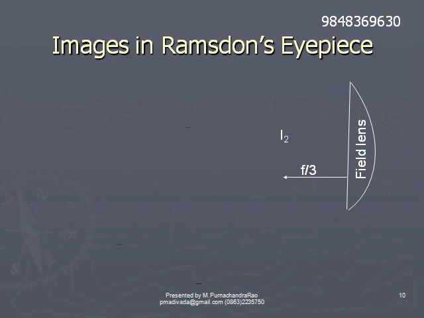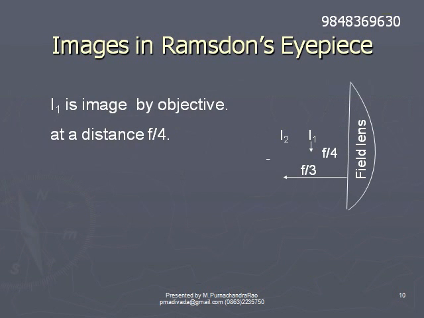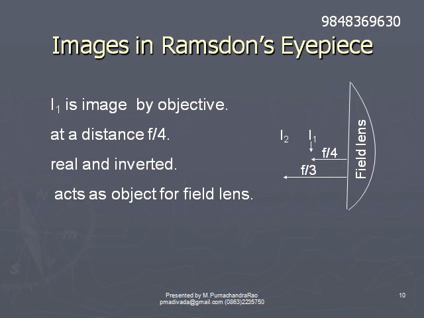Let us observe the image formation once again. I1 is the image of the objective, and it is at a distance f by 4 from the field lens. It is real and inverted. It acts as the object for the field lens, and an image will be formed by the field lens.